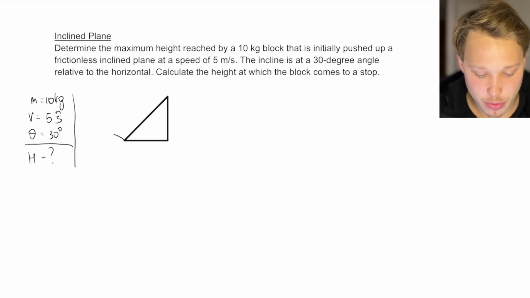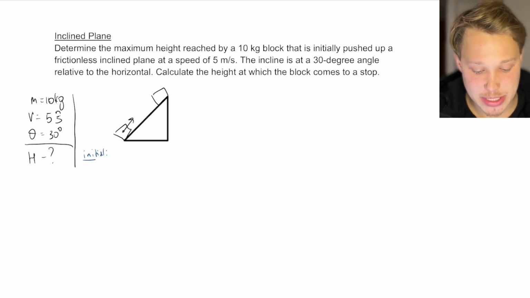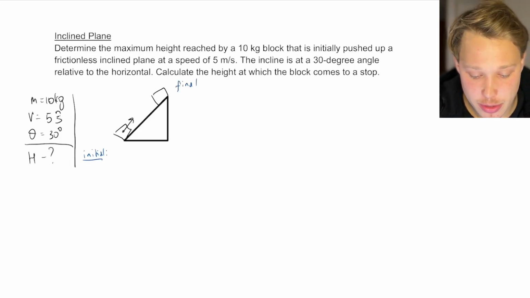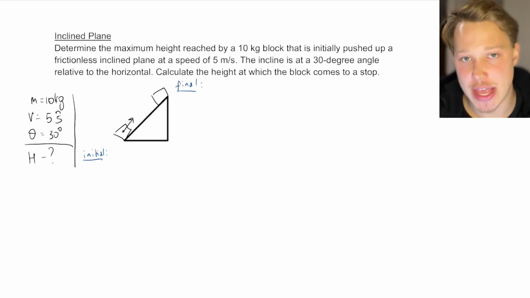So let's say here is your initial point. Again, first you would draw a sketch, of course, as always. So your initial point is when you are pushing the box, and your final point is when this box comes to a rest at the top of the incline.